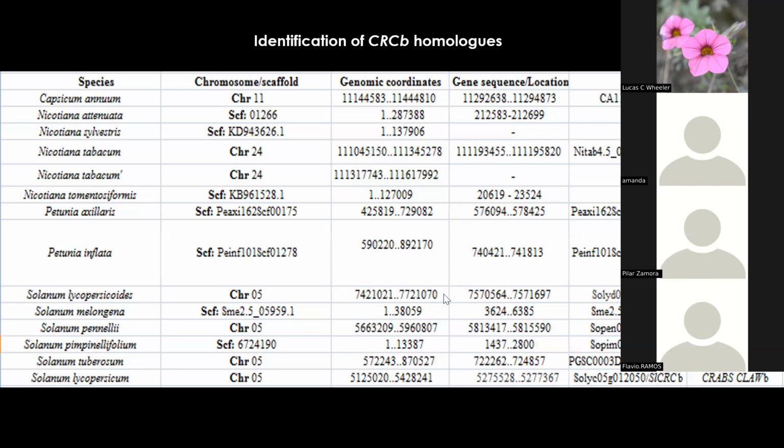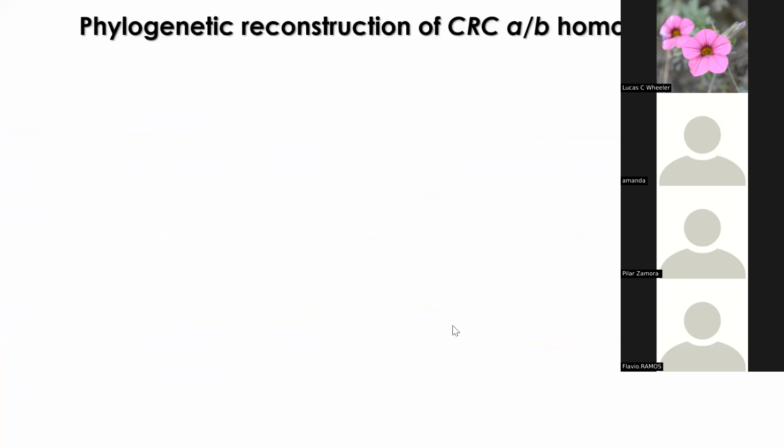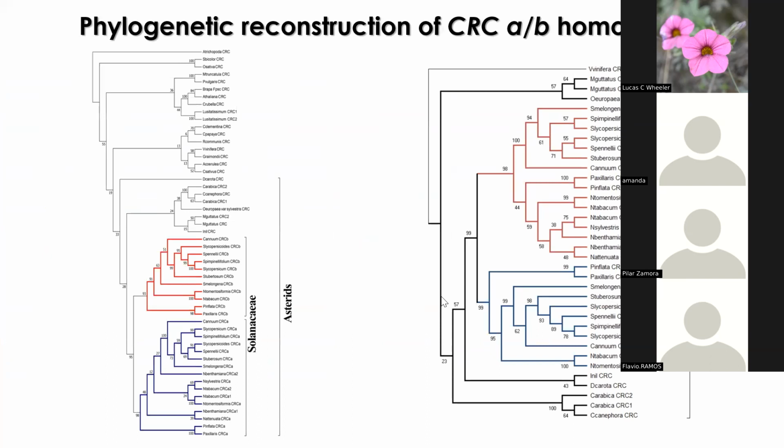So again, we thought there must be some role of the two CRC copies available in the genome. So we took the sequences of both CRCa and CRCb and constructed a phylogenetic tree within Solanaceae, using Vitis vinifera as the root sequence, and also across angiosperms.